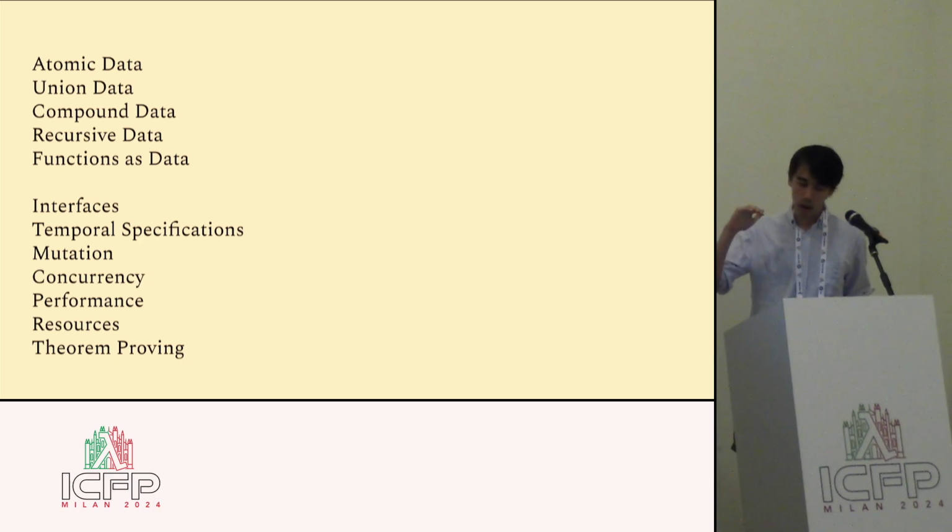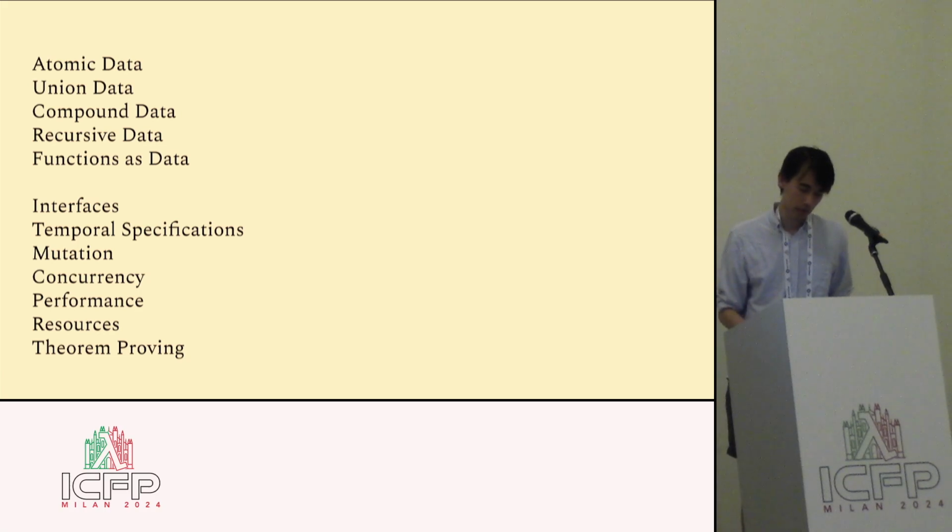Then we talk about all of the kinds of specifications that you can write over that kind of data, what you can do with it, property-based testing, et cetera. In the second half of the course, after spring break, we talk about more sophisticated kinds of properties: data abstraction, temporal properties, properties about effectful programs, properties about concurrent systems, about resources, which include performance constraints, and at the very end, some theorem proving.